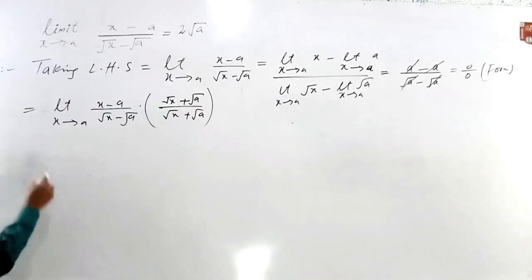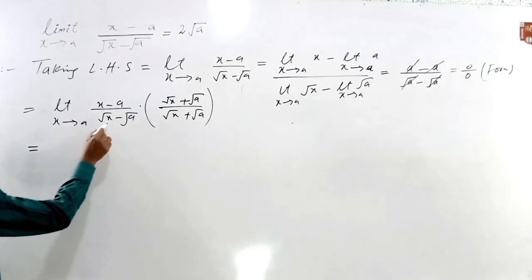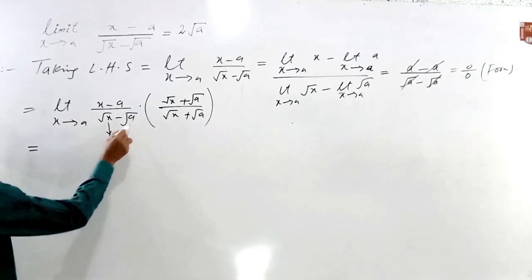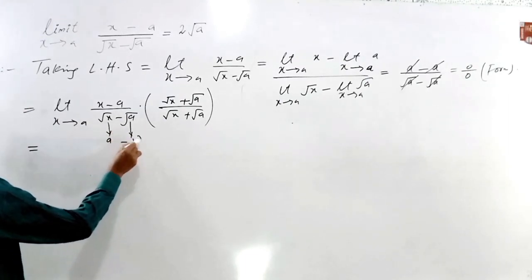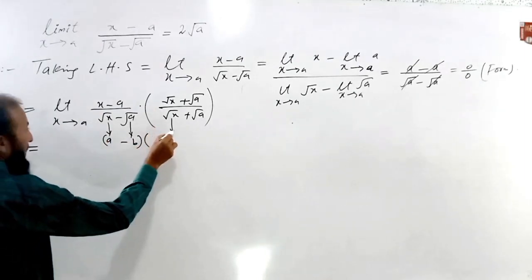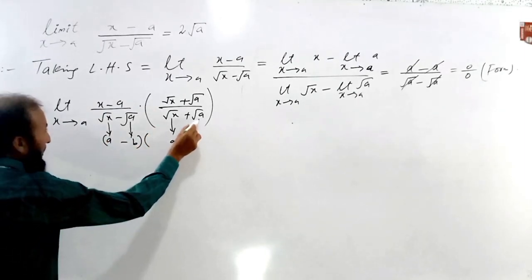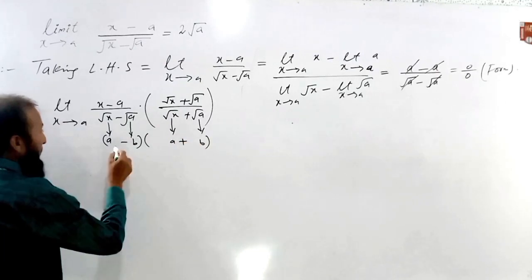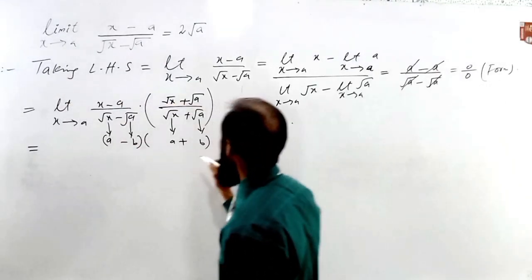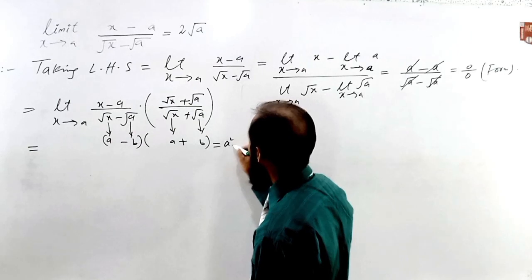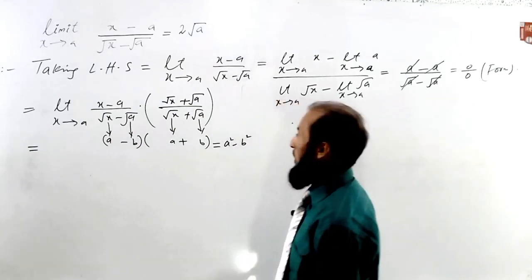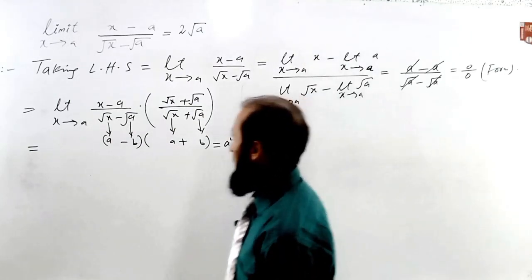Now we apply the limits. We use the formula: (a minus b) into (a plus b) gives a square minus b square. Now we apply this formula on the denominator terms.